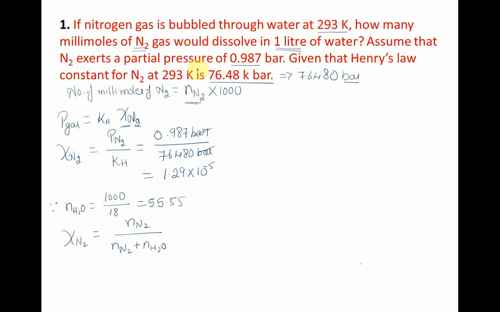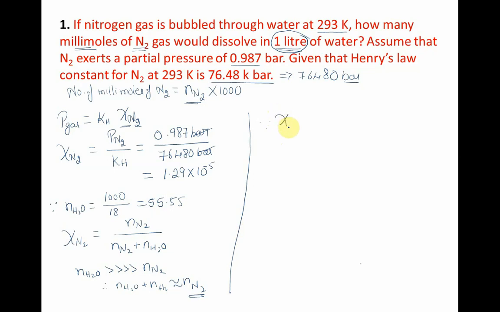You can observe here I am dissolving millimoles of nitrogen in 1 liter of water. It indicates that number of moles of water compared to number of moles of nitrogen is maximum. Therefore, number of moles of water plus number of moles of nitrogen can be written as number of moles of water.